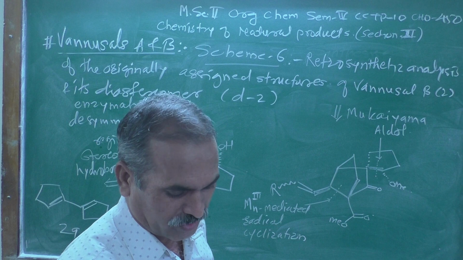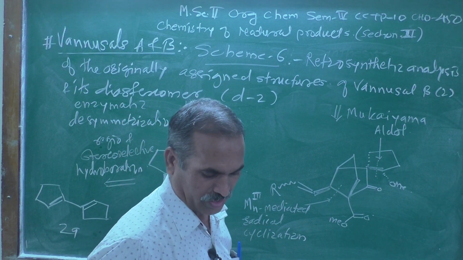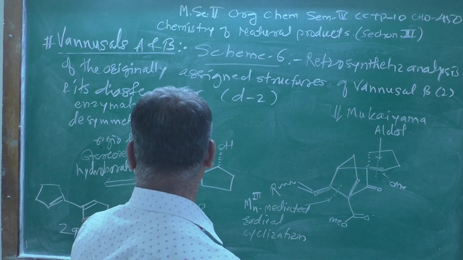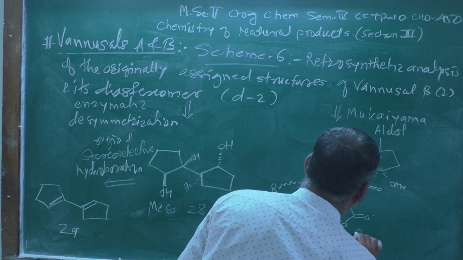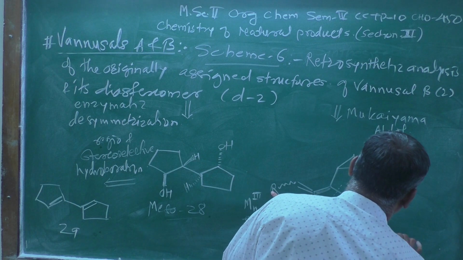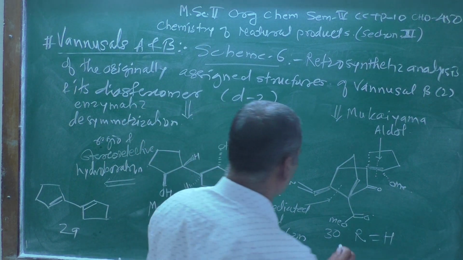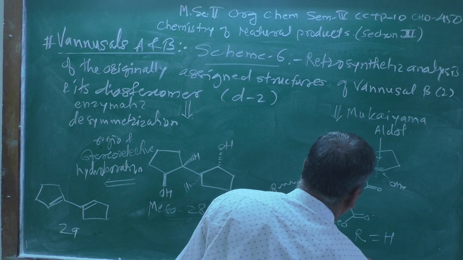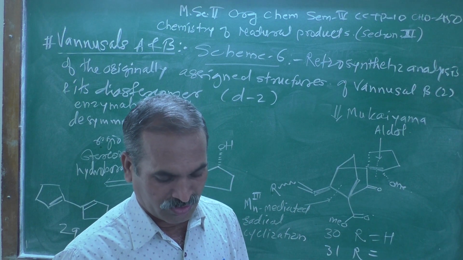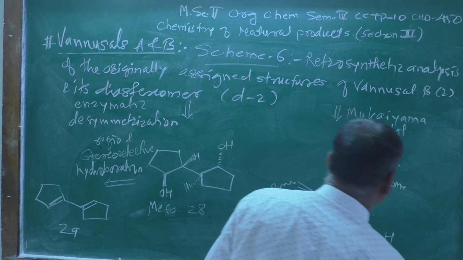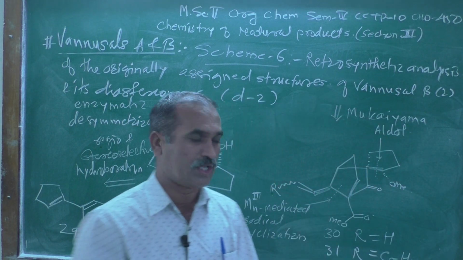Now moving toward the right hand side, once again, up to 29, here we are going to get 30, where R is equal to H. And 31, where R is nothing but C5H11.